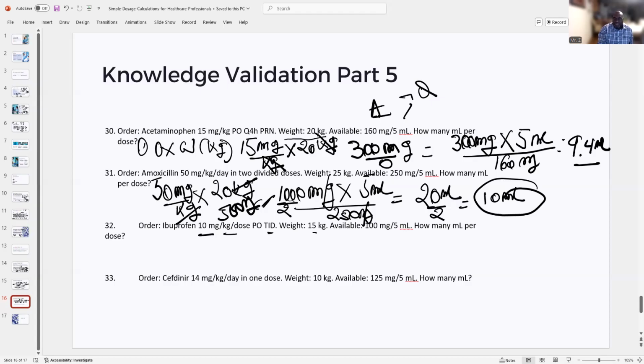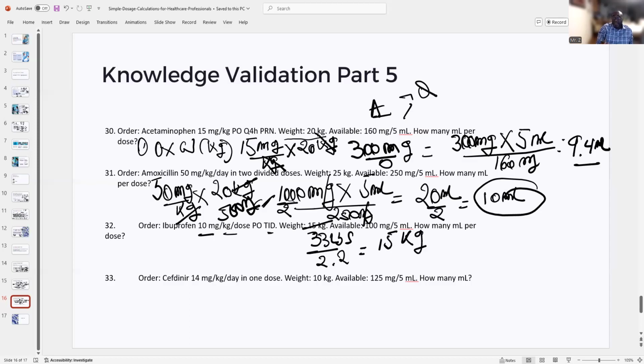You got 15 kilogram. Remember, if your weight was in pounds, you would have to convert that to kilogram first by dividing the pound by 2.2. So let's say, if the weight, instead of 15 kilogram, was 33 pounds, you will have to divide this by 2.2 to get 15 kilogram.